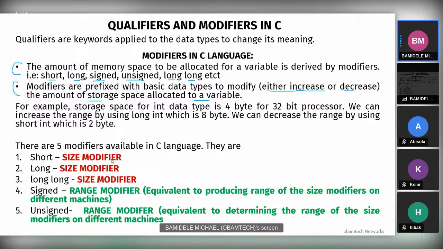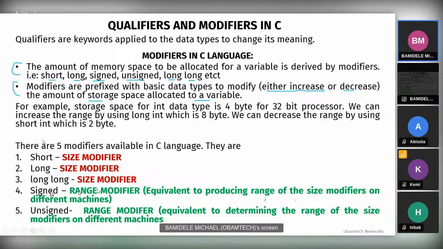And when you talk about long, it has its own size of space it will take. Now we have signed and unsigned, and this is an example of a range modifier, which produces a range of the size modifier on different machines.